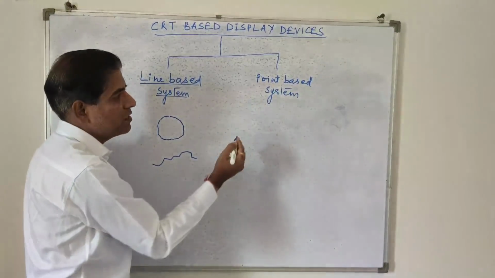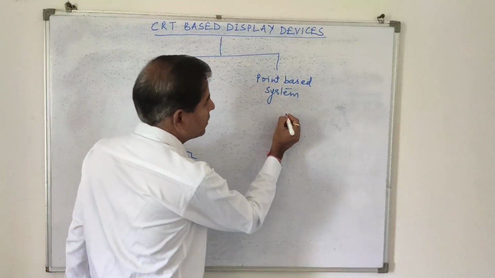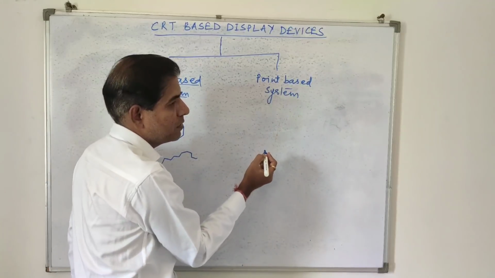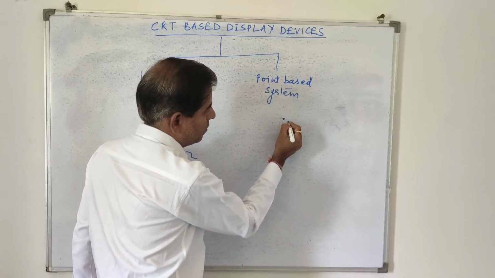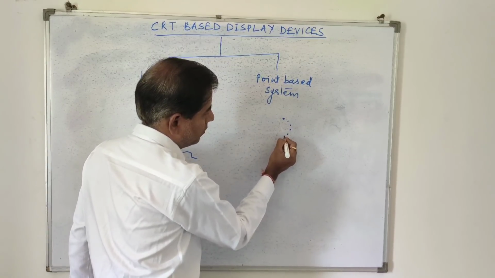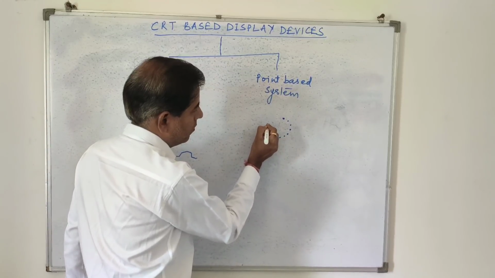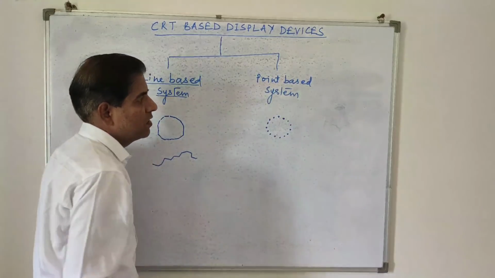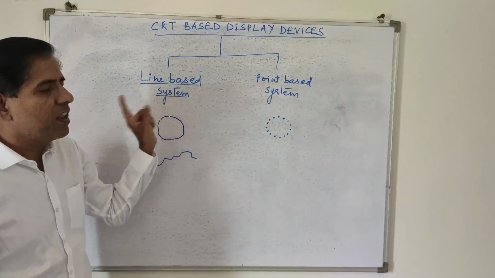And in point based system, any entity on a monitor is made up of points. For example, a circle in point based system would look something like this. So this is a circle in point based system, and this is a circle in line based system.